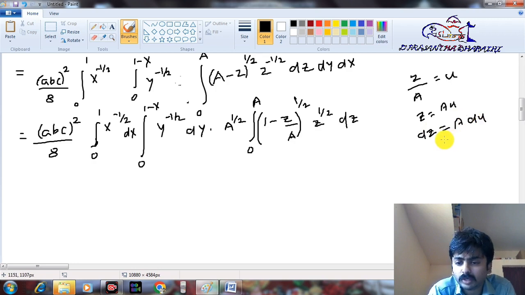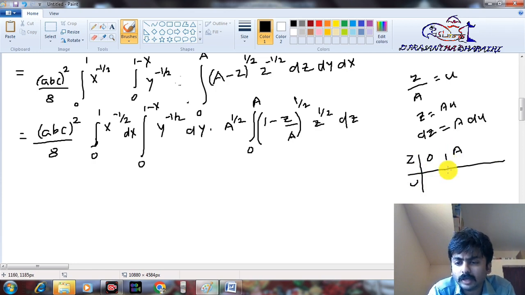So the limit is changing from z to u. We want to find the limit of u from the limit of z. The lower limit of z is 0, the upper limit of z is a.